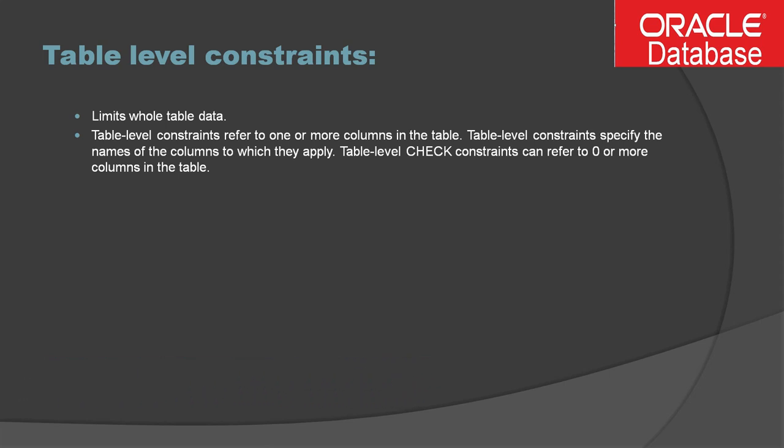So what I'm trying to say is, when you define a table level constraint, you need to specify the column names on which you are going to apply your constraints. So explicitly you will have to specify the column names. When you use a check constraint as a column level constraint, then you can specify 0 or more columns.